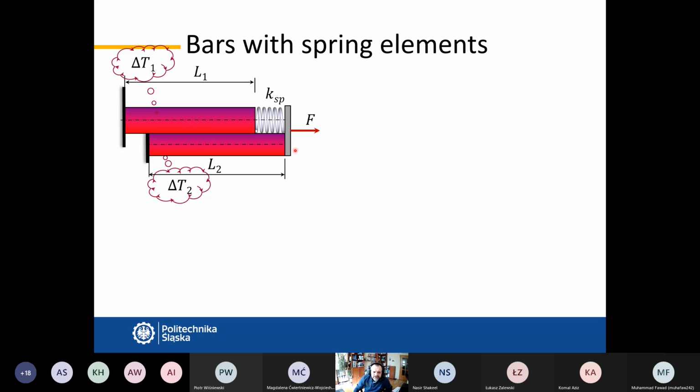So we have such a situation that they can have different lengths. They are heated up by different amounts. They can be of different material, and they are connected here by a rigid plate.